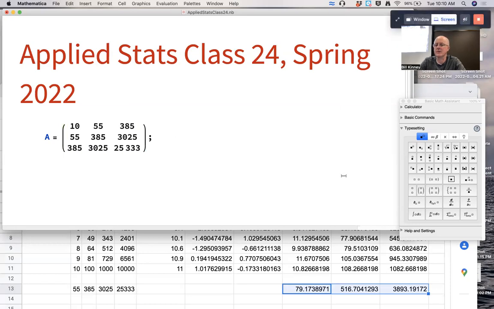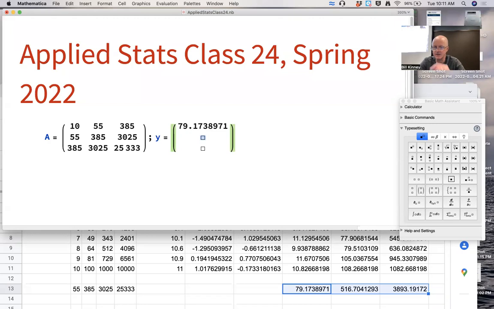Semicolon suppresses output. The right-hand side vector, should I call it Y? Okay, I'll call it Y. I can press the vector button and add a row, control return. Now I'm looking at the numbers in the spreadsheet that are highlighted, 79.1738971.